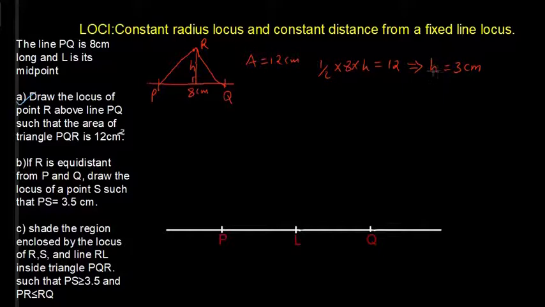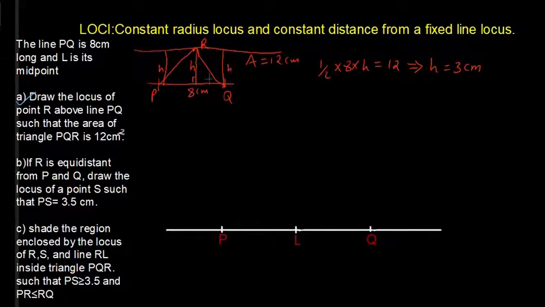So the significance of this height H is that we'll be able to tell the locus of point R such that the distance between line PQ and the locus of R is always constant. So the locus of R should be somewhere here, so that that distance H is constant throughout.